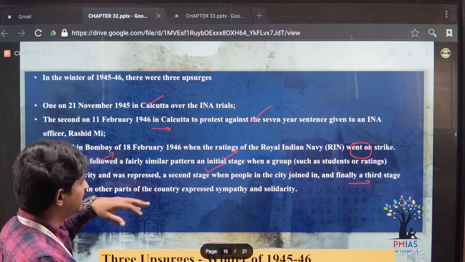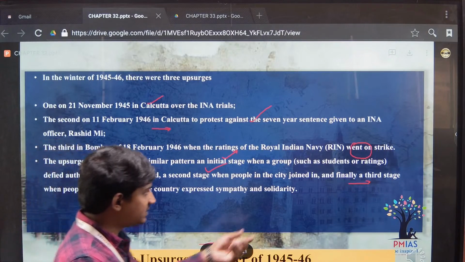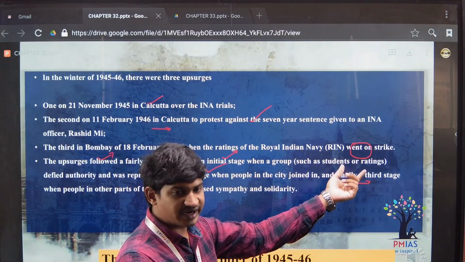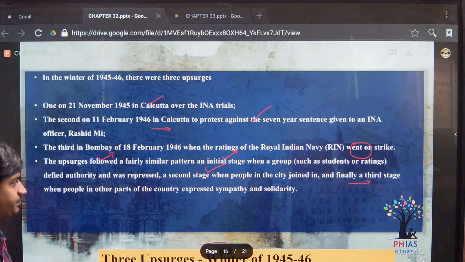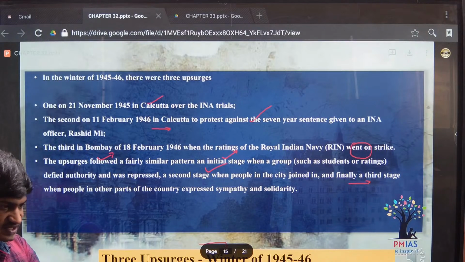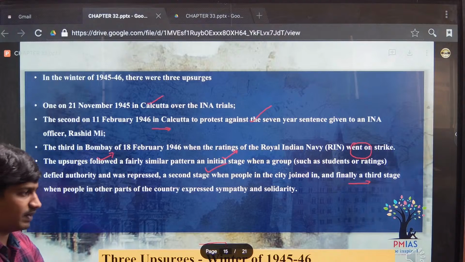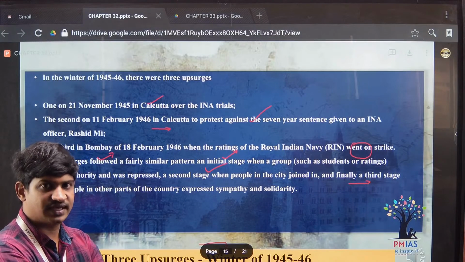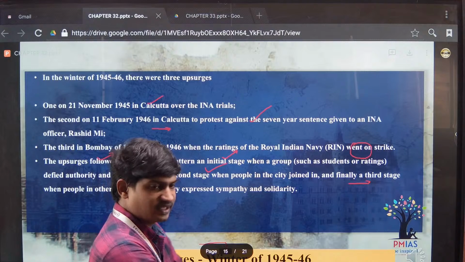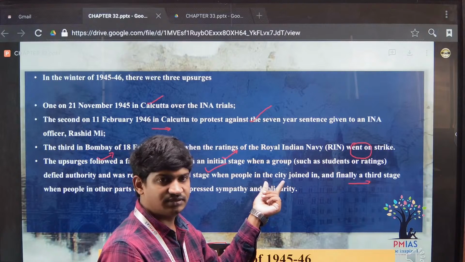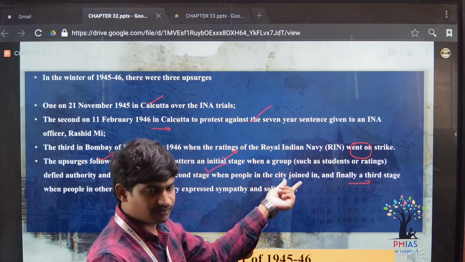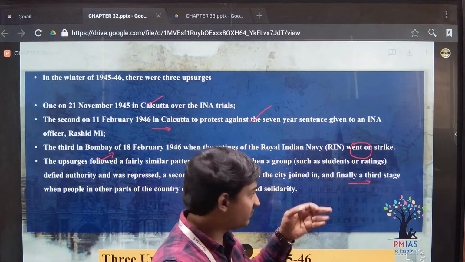So the upsurges happened because of the students, or because of the ratings or ranks under the Navy. The first stage was started by the students, with mass participation from Bengal and various other places. In the next stage, the people from the city, from the urban areas, joined the movement.